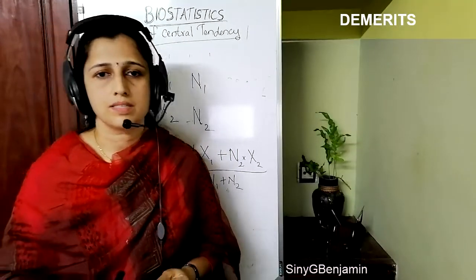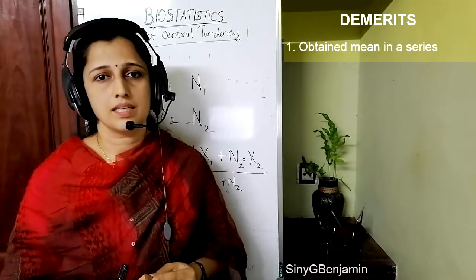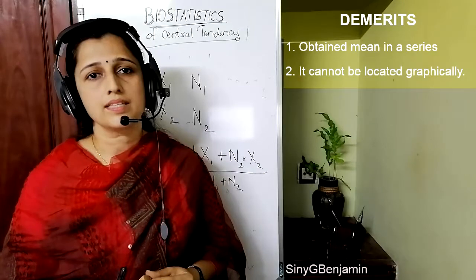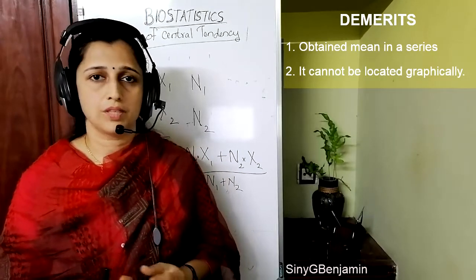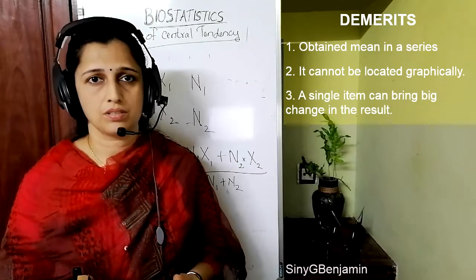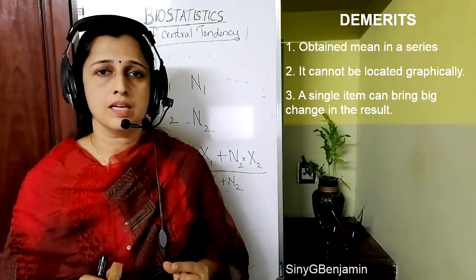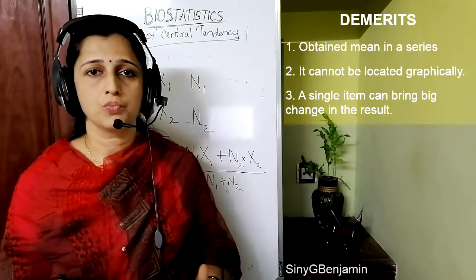Coming to the demerits, the mean obtained in a series cannot be located graphically. And if a single item changes from the observations which we get, if we change a single item from the data, the whole value will change.